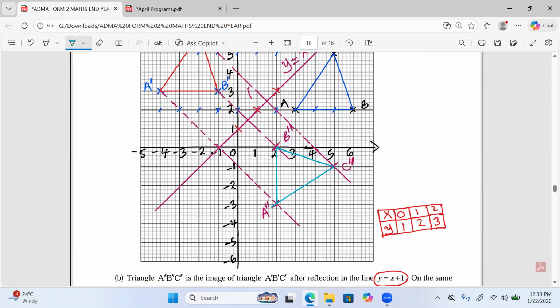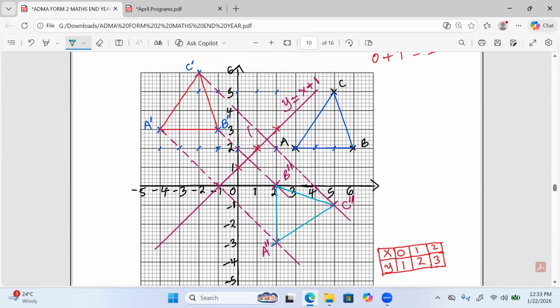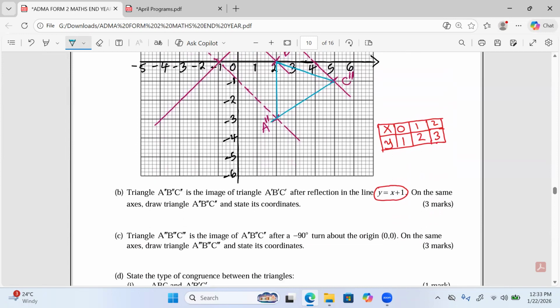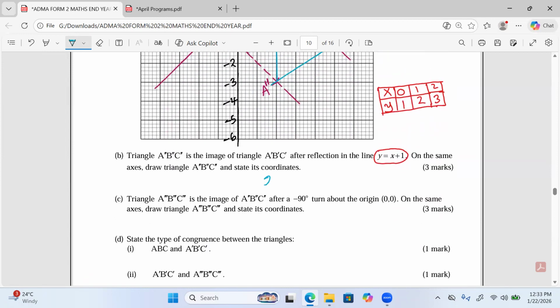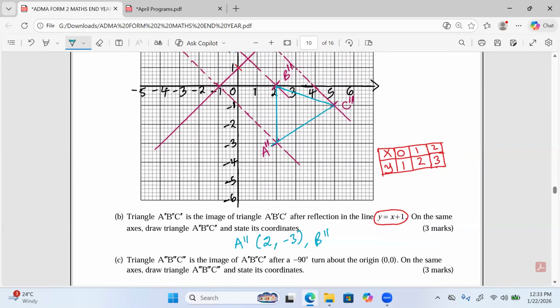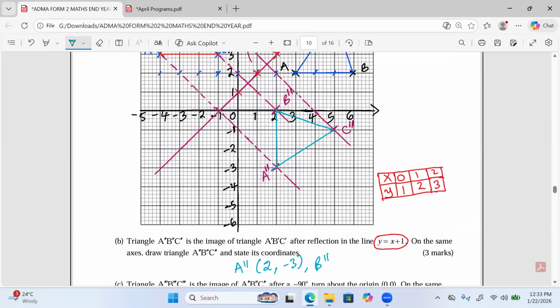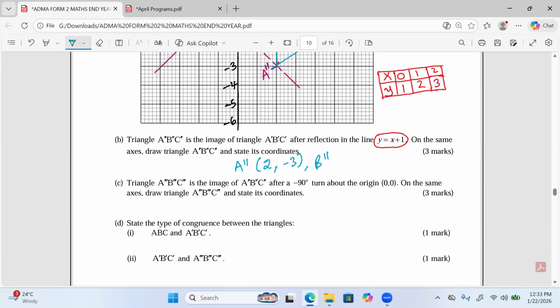When we've already reflected like that, we can now state the coordinates. The coordinate of A double prime, as you can see, is 2, -3. Then for B double prime, the coordinate is going to be 2, 0.